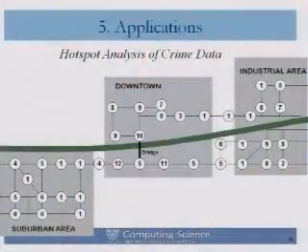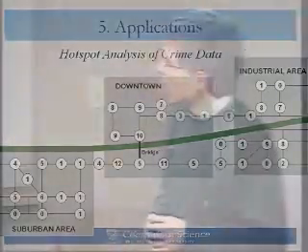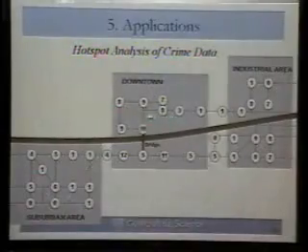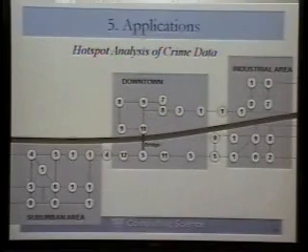So how could joint cluster analysis be applied in such a context? Let's consider this toy example here, where we have a suburban, a downtown, and an industrial area separated by this river in the middle.